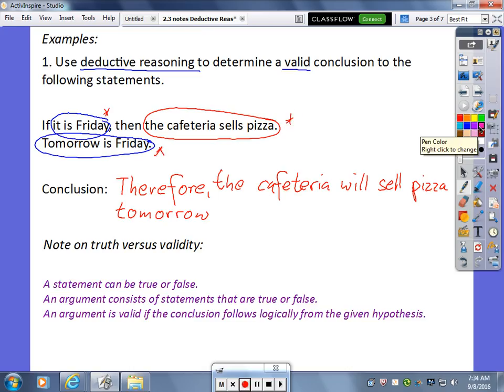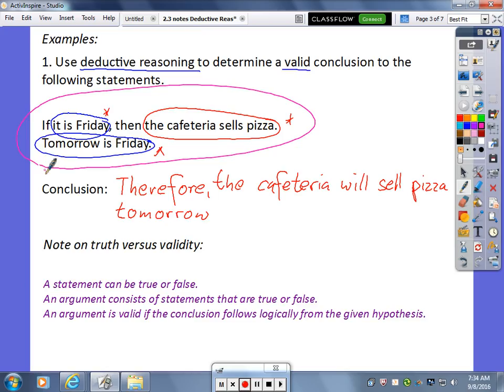And the whole thing makes up an entire argument. The argument is valid if the conclusion follows logically from the given hypothesis. It doesn't matter whether the statements were true or false in themselves, but if together logically they form a conclusion which follows the laws of logic, then the argument is valid. This is very important to remember.